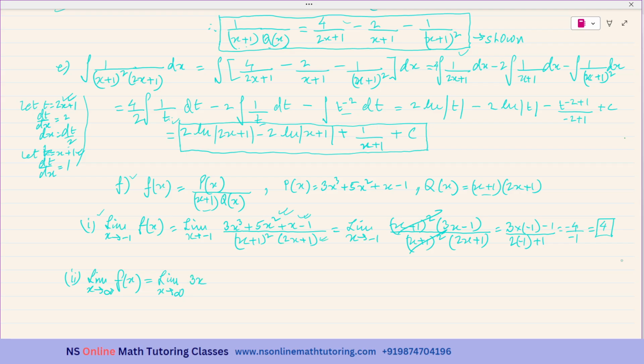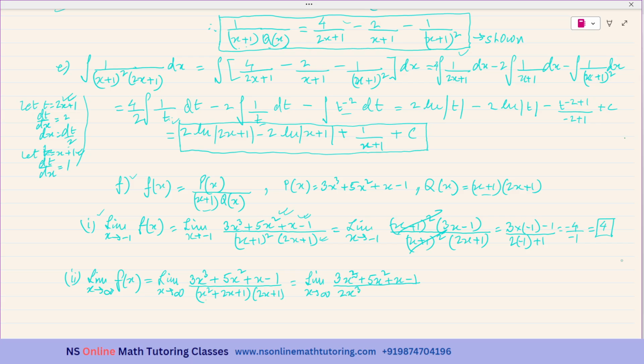So (3x³ + 5x² + x − 1) over, this one is (x² + 2x + 1) and (2x + 1). This is equal to limit x tends to infinity (3x³ + 5x² + x − 1) over 2x³.